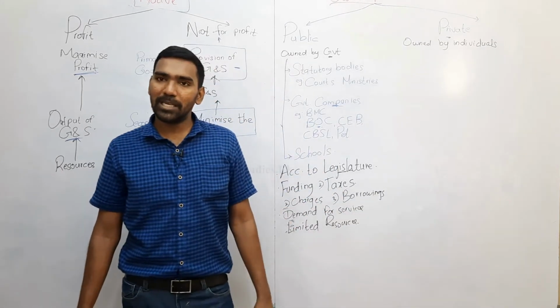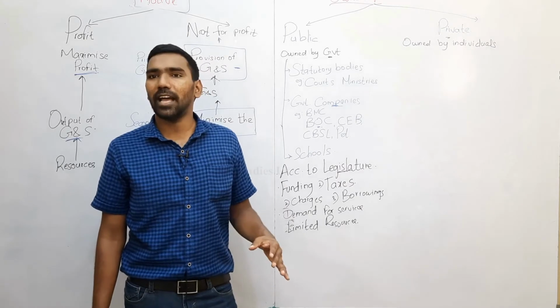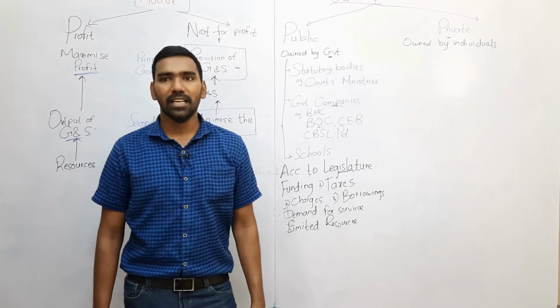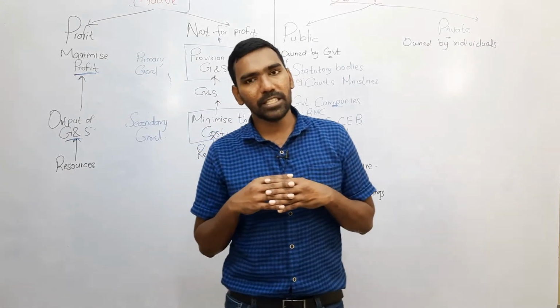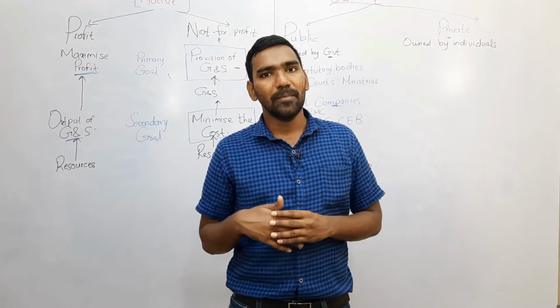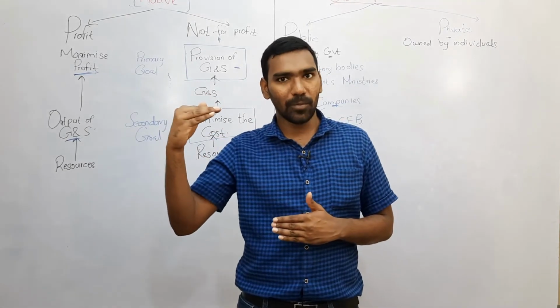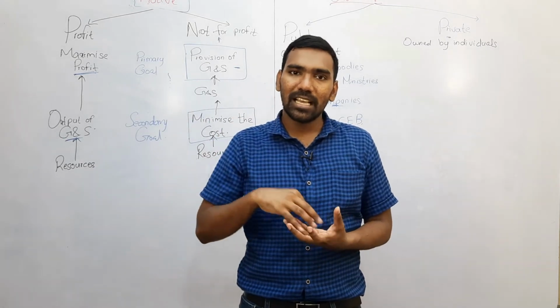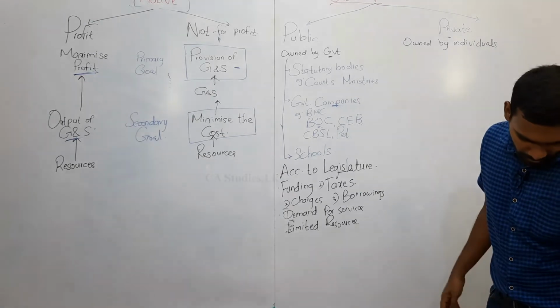Most of the time there will be a budget deficit. The reason is there is only a limited amount of resources and unlimited demand for those services, because that is how people's expectations are towards the government. There are limited resources and unlimited demand. That is common everywhere in the world, right?